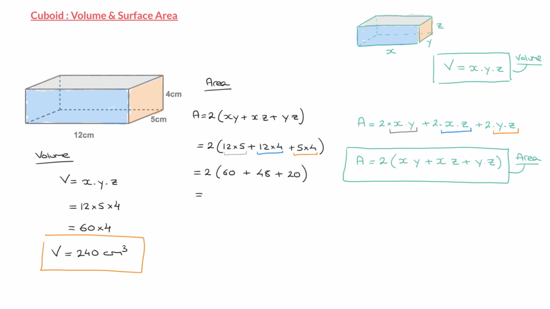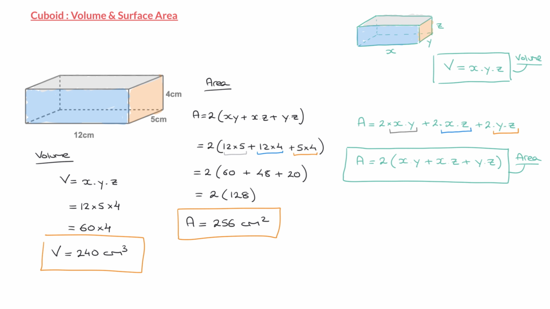So this is equal to 2 times, in parentheses, 128. Finally, you can check with your calculator if needs be, but 2 times 128, well, that's 256. So this cuboid's surface area is equal to 256 square centimeters. And we're done.